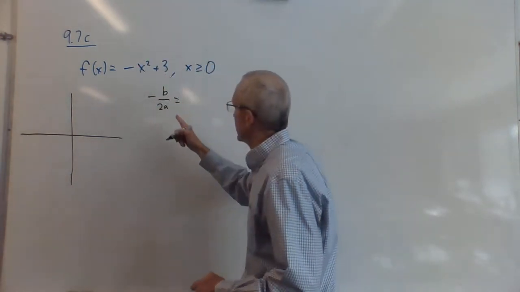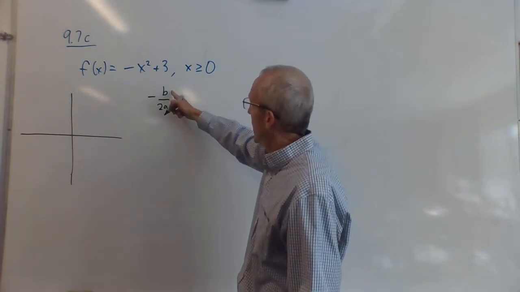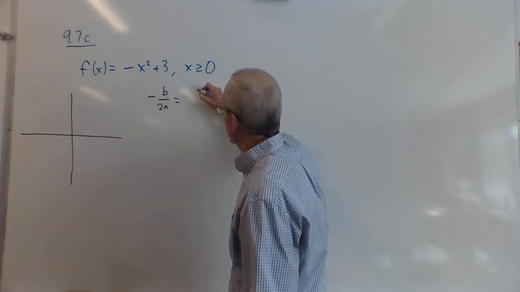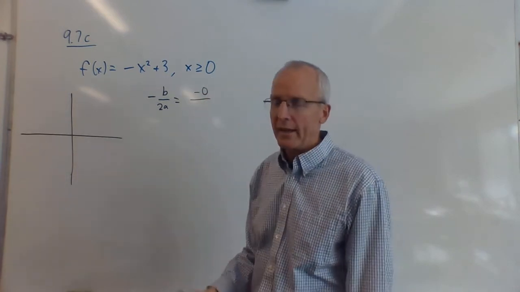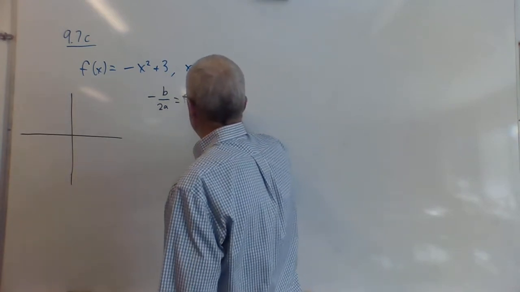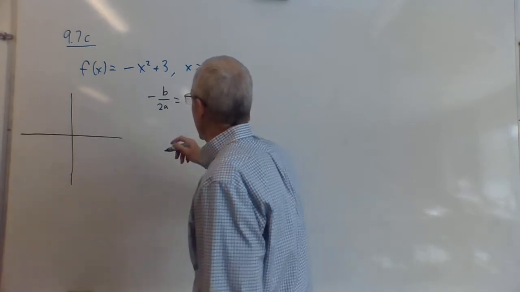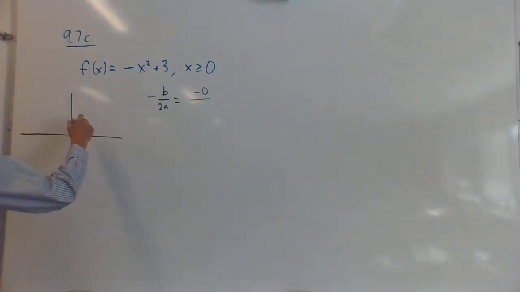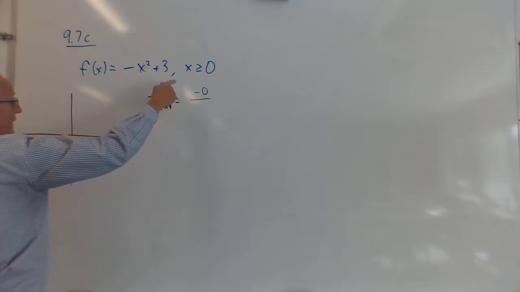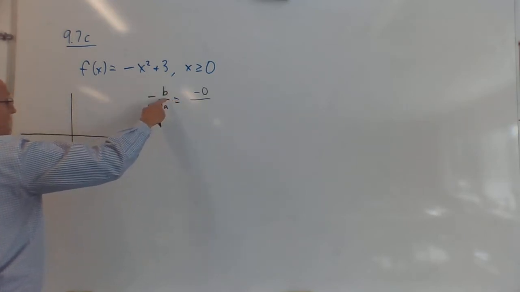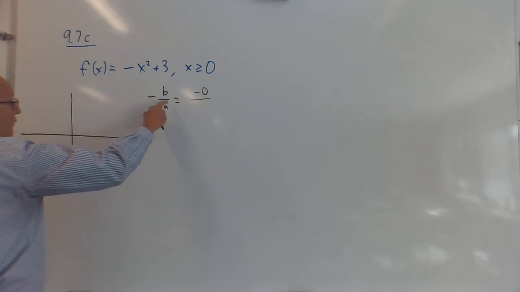So b is 0, so that's negative 0 over 2a, which is going to be 0. So when x equals 0, y is going to be 3.